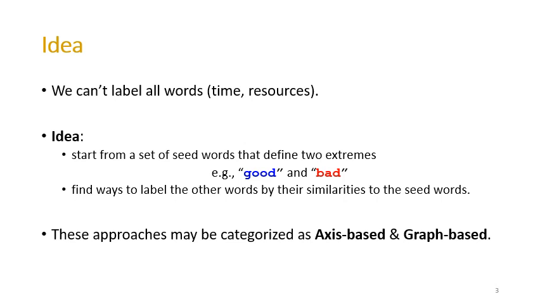So we are going to use the seed words to start the process, and then we're going to use the similarities to label all the other words that we have in documents. There are two categories of approaches: the first is called axis-based, and the other is called graph-based. We're going to look at these two approaches next.